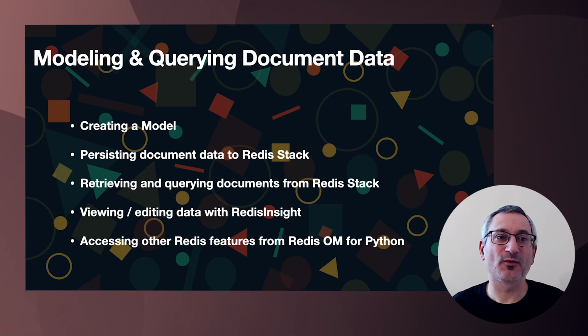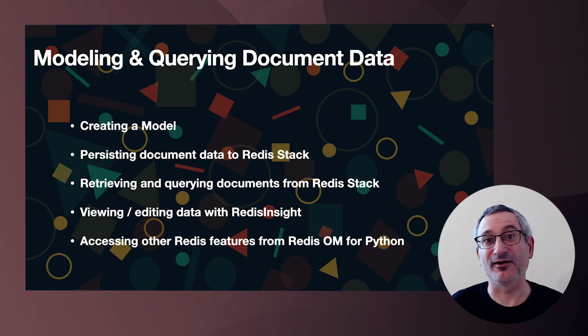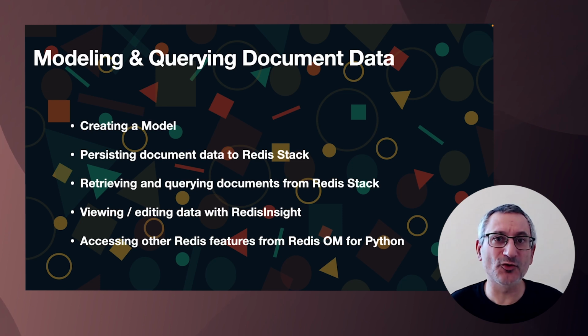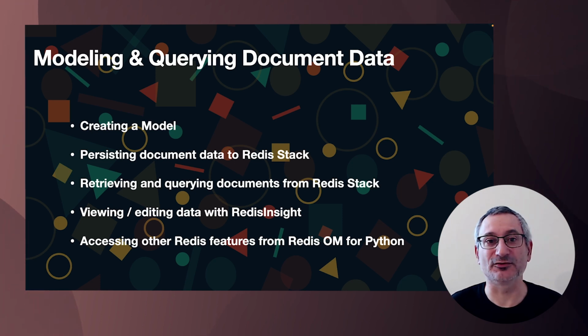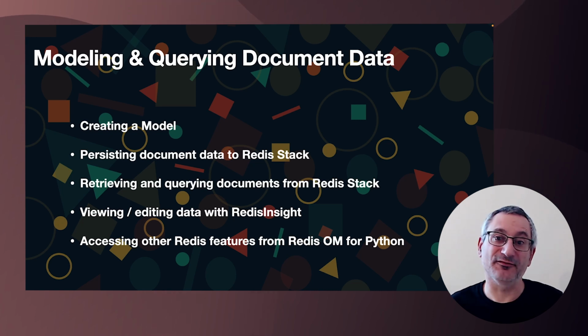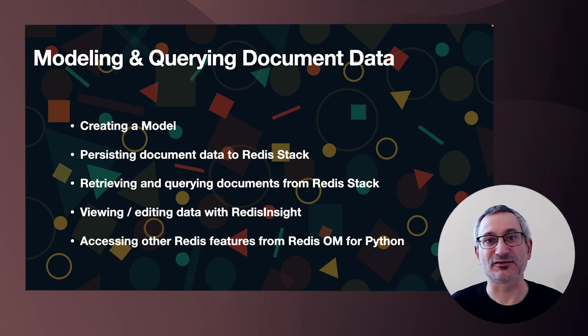We'll then look at different ways of retrieving data from Redis Stack using Redis OM. So we'll start with a very simple get by ID, and we'll work up to more complicated queries that you wouldn't normally expect a key value data store to be able to do. Finally, we'll look at what if you need to access some lower level features, so call one of those functions that maps to a Redis command while still using Redis OM.